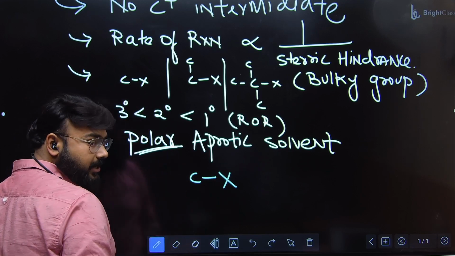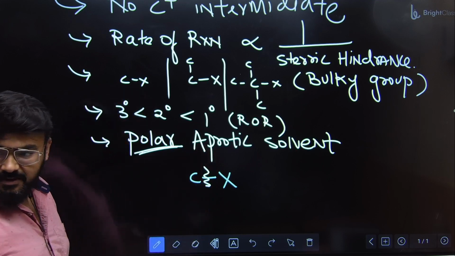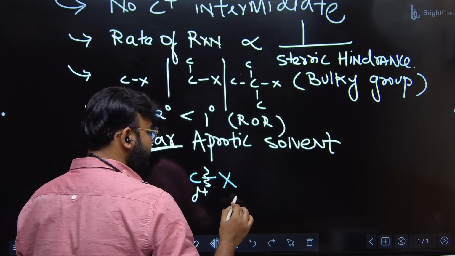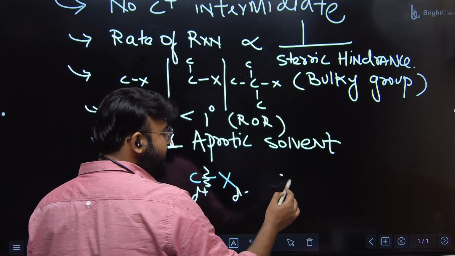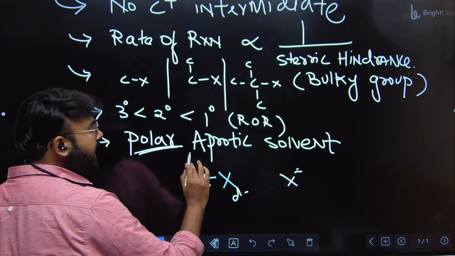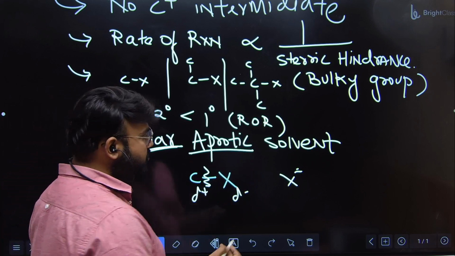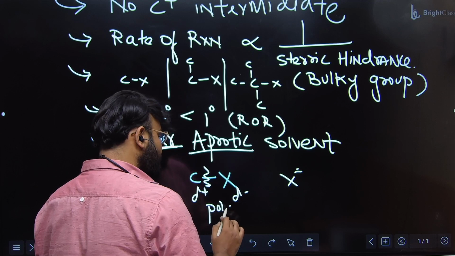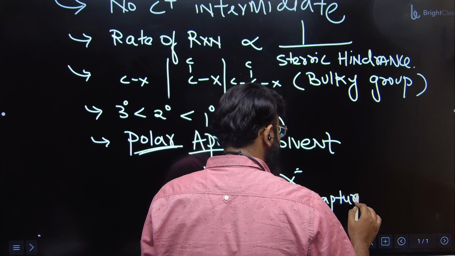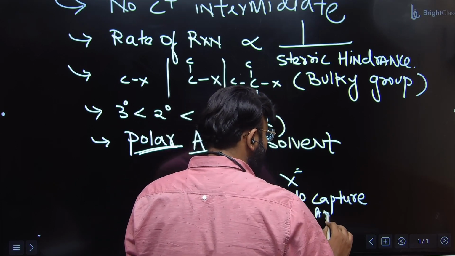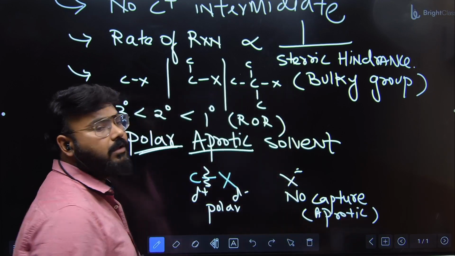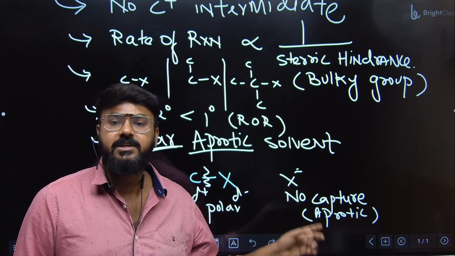Because it is polar, it will break. Once it breaks, there is partial positive, partial negative. When the halogen is removed, the nucleophile is removed from the carbon. Aprotic means it won't capture it. So write it down: after breaking, it is polar, but no capture, that is aprotic. When it captures the removed nucleophile, then it's called protic. Because it doesn't capture, it's aprotic.